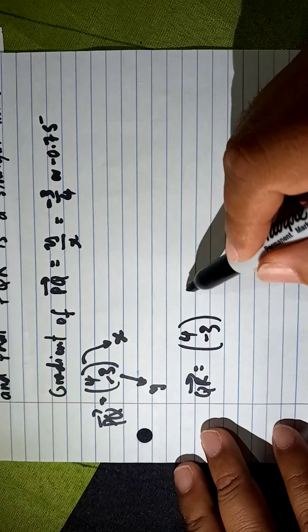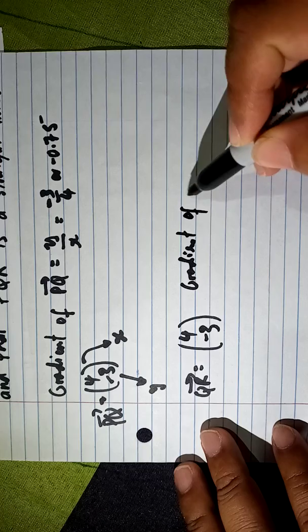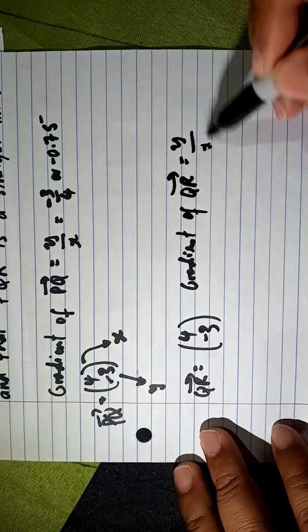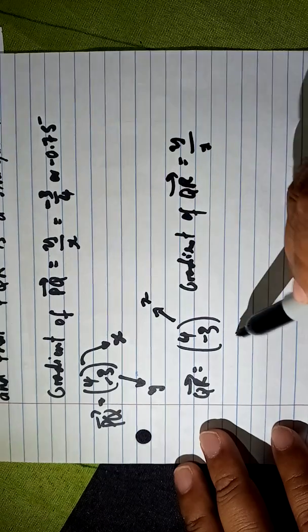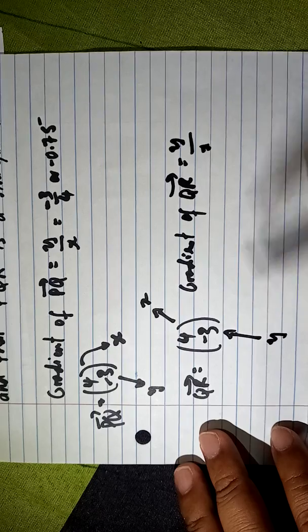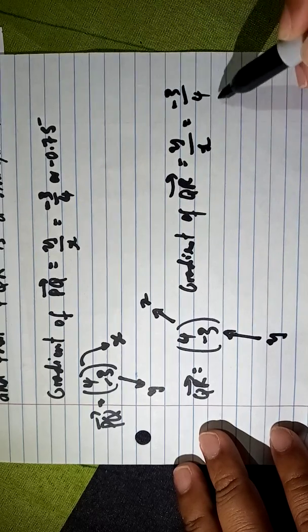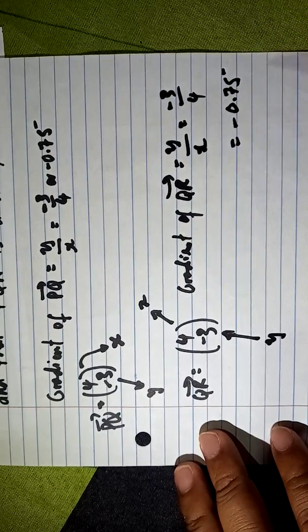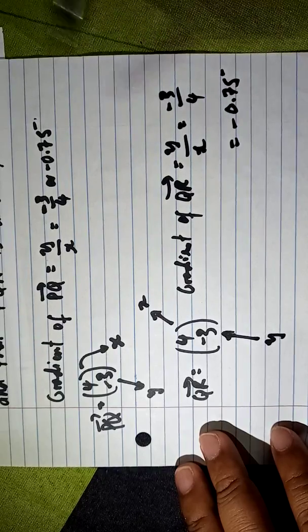And the formula for gradient, so the gradient of QR is y divided by x. Now we said that the top number would have been the x value, the bottom number would have been the y value. So that turns out to be -3/4 or -0.75. Now what do you notice? Both of them have the same gradient. So we said that the two vectors are parallel.